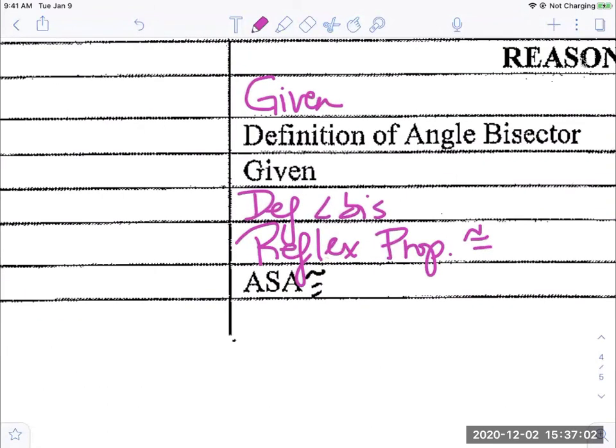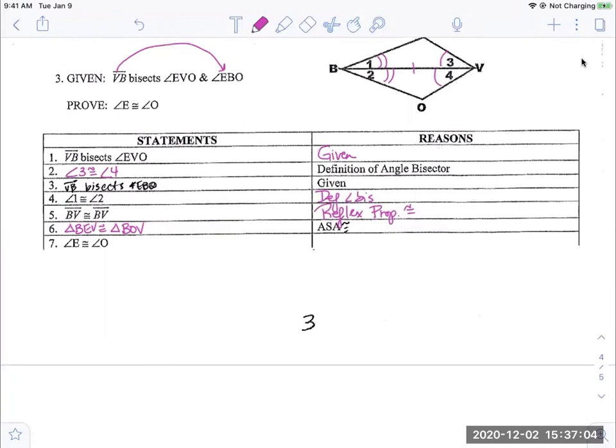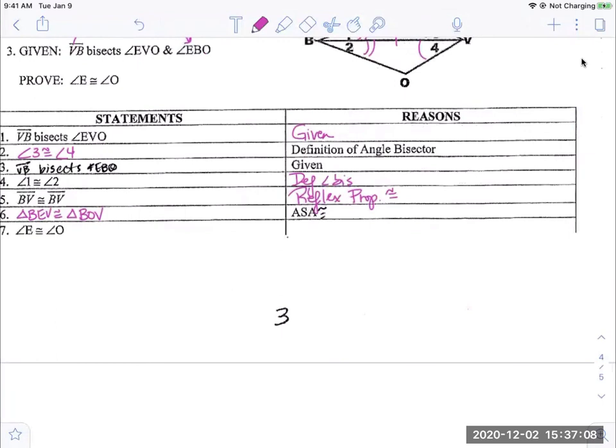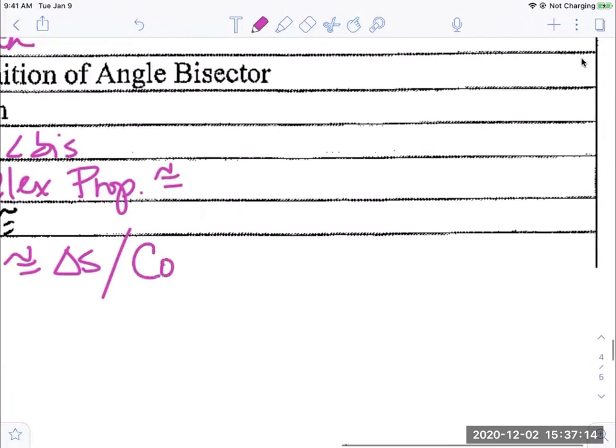Angle side angle. Okay, and then again, the last step is going to be because the triangles are congruent, that makes the pieces congruent, which is definition of congruent triangles, or corresponding parts of congruent triangles are congruent.